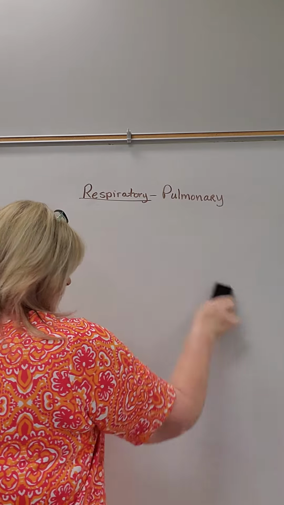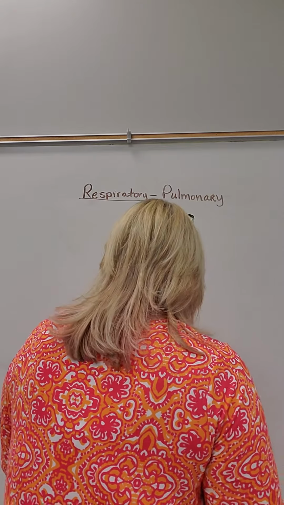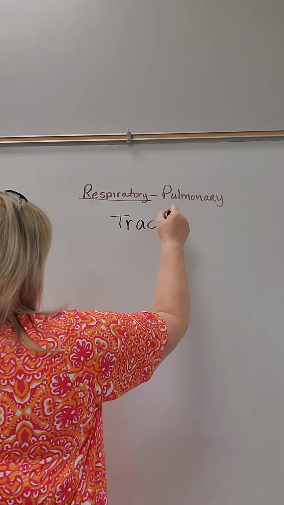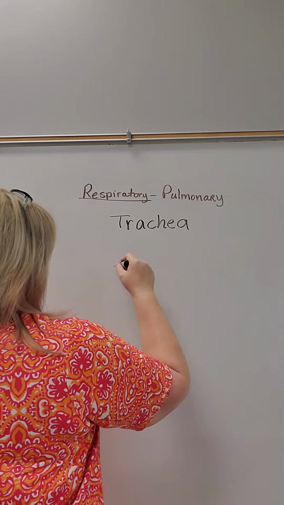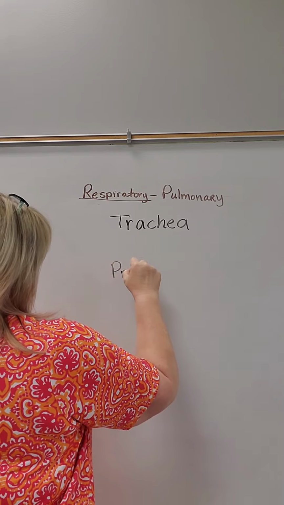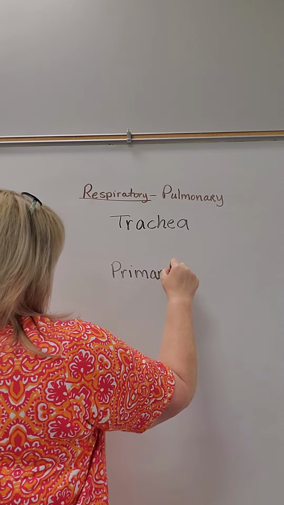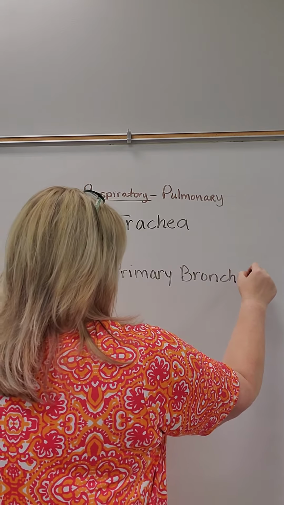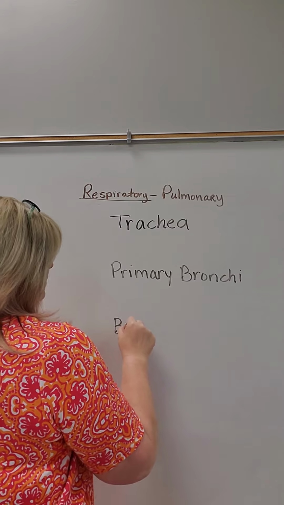Okay? So in the lower respiratory system, you have the trachea, which we just mentioned. We have the primary bronchi. You have bronchioles.